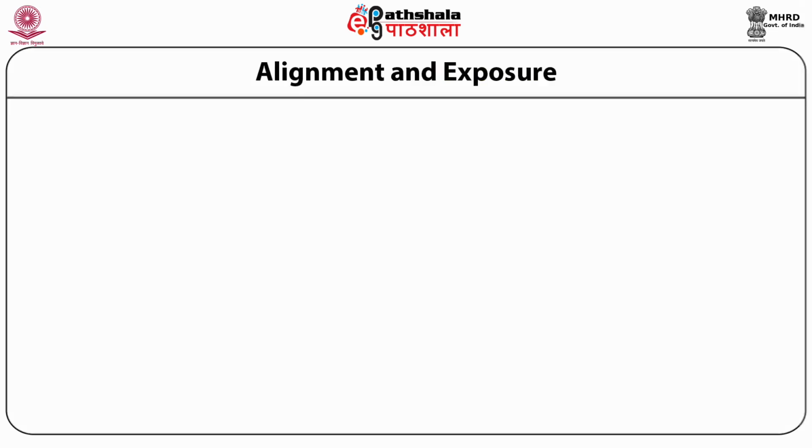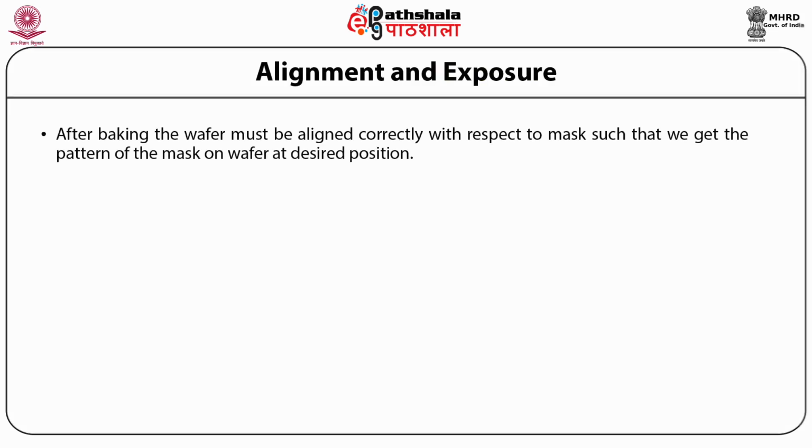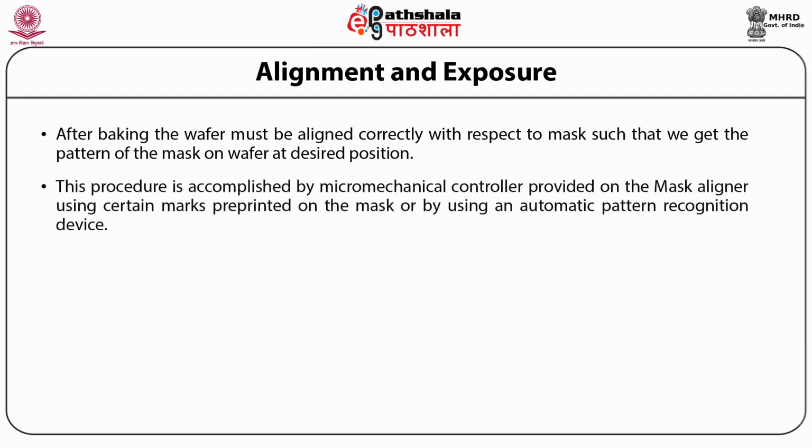Alignment and exposure. After baking, the wafer must be aligned correctly with respect to the mask such that we get the pattern of the mask on the wafer at the desired position. This procedure is accomplished by a micromechanical controller provided on the mask aligner using certain marks pre-printed on the mask or by using an automatic pattern recognition device.